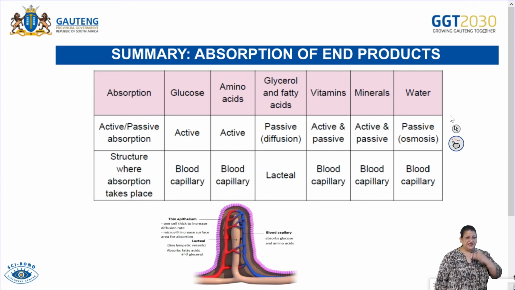And because bile makes the fatty acids and glycerol soluble, they'll simply move in by diffusion into the lacteal. That's why it's called passive absorption. They don't need energy. Vitamins are passively and actively absorbed, okay, into the blood capillary. So some minerals are actively absorbed. If they're not soluble, they'll be actively absorbed. If they're soluble, they will simply move into the blood capillary passively, and water is always passively absorbed into the blood capillary.